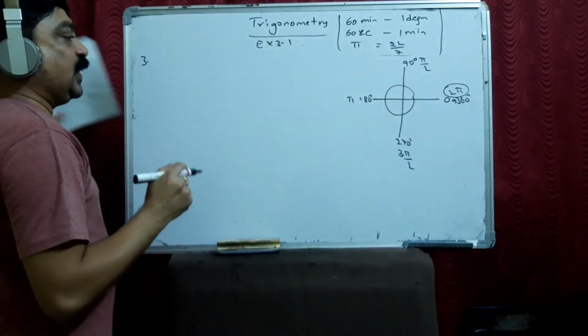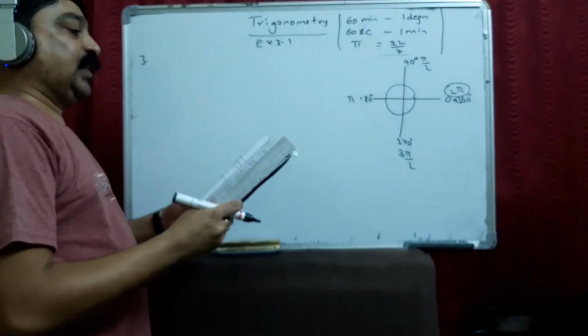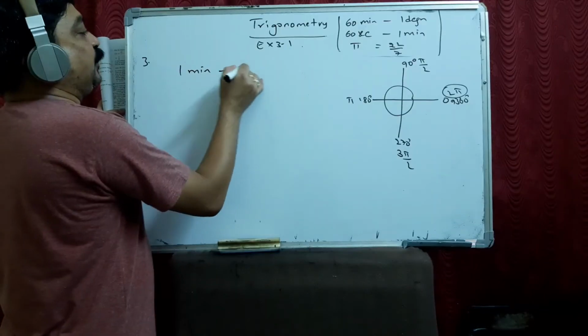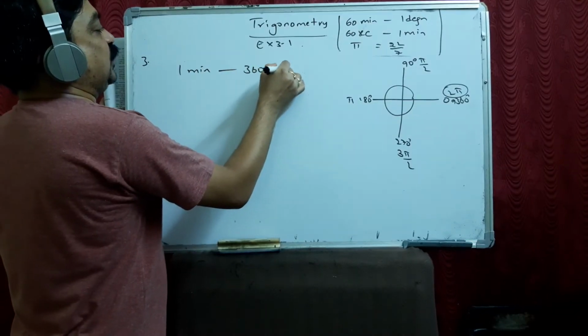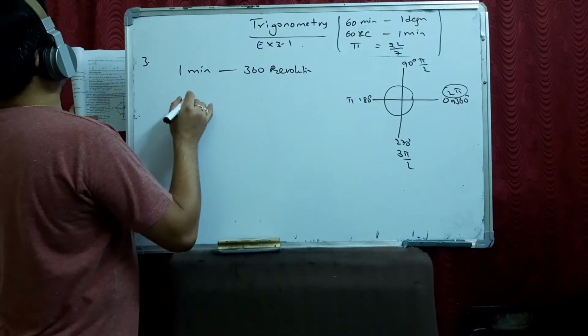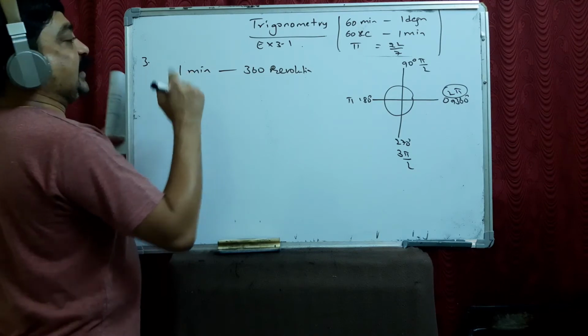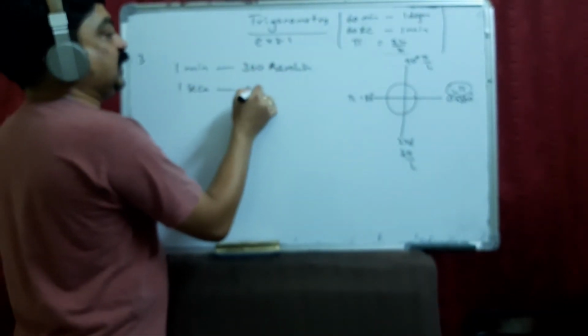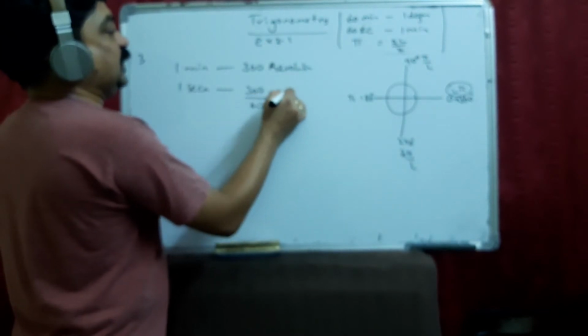Listen carefully. Now, in the third question, what did they say? A wheel makes 360 revolutions in 1 minute. How many radians does it turn in 1 second? In 1 second, how many revolutions does it make? 360 by 60, it makes 6 revolutions.